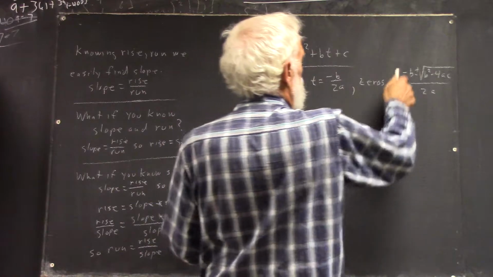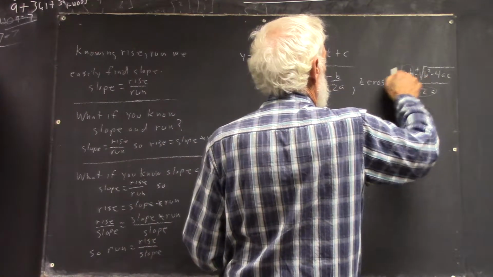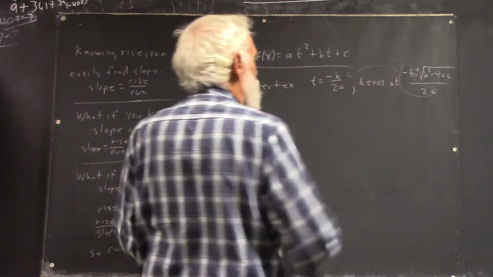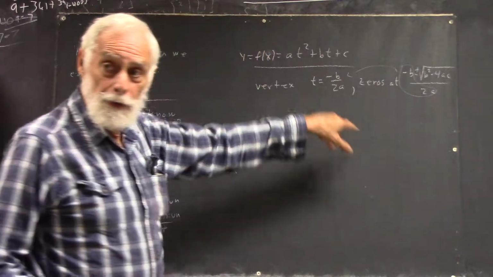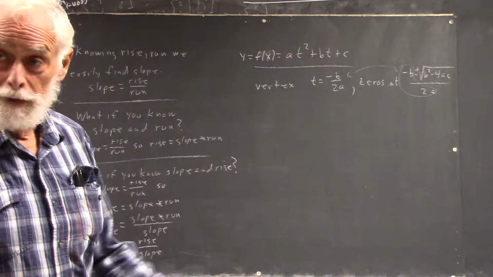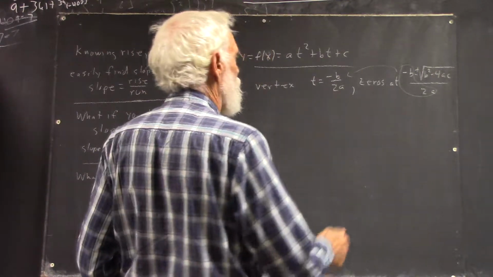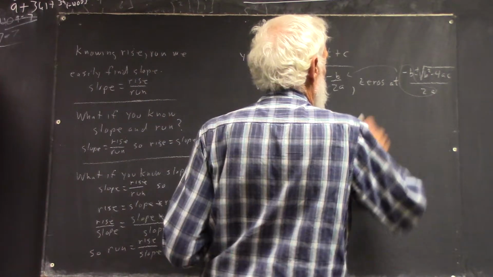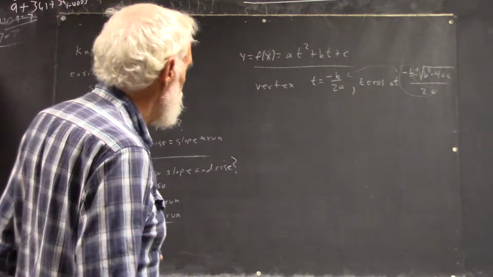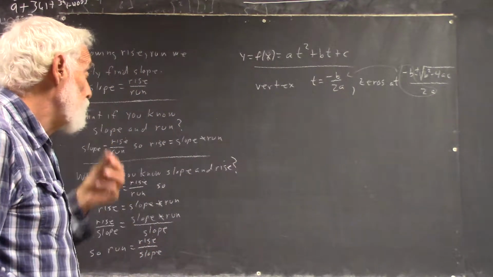And notice that the negative b over 2a is here, and hopefully you understand why that is related to this and how. I explained it, but I'm not going to test you too rigorously on that. I might ask about it.